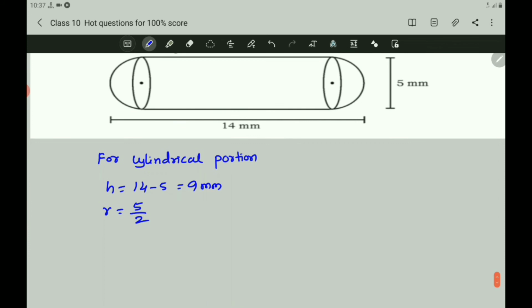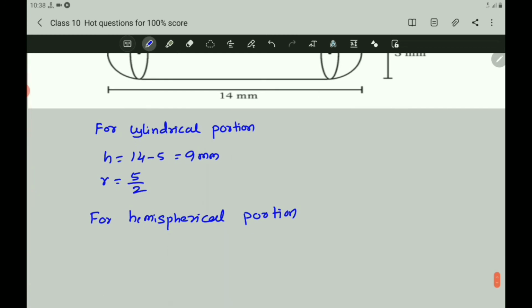Then find the surface area. For the cylindrical portion, first you add the CSA of the cylinder, that you can get separately, or otherwise in the combined form also you can get here. Then for the hemispherical portion, here r is the same, therefore it is better to take the area in the combined form.